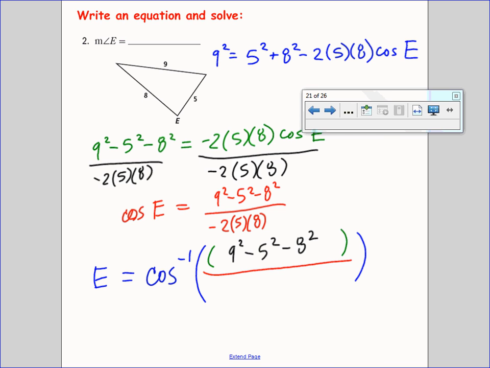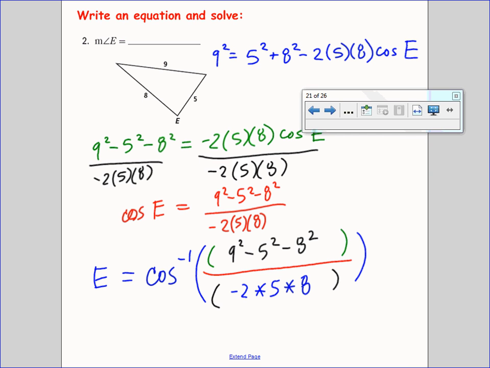And on bottom I have this quantity, negative 2 times 5 times 8. All right, so what's with the colors, Mr. Fritz? Well, I'm trying to show that's the parentheses I'm going to be entering to separate my numerator and denominator. Now, you could have simplified and evaluated along the way.